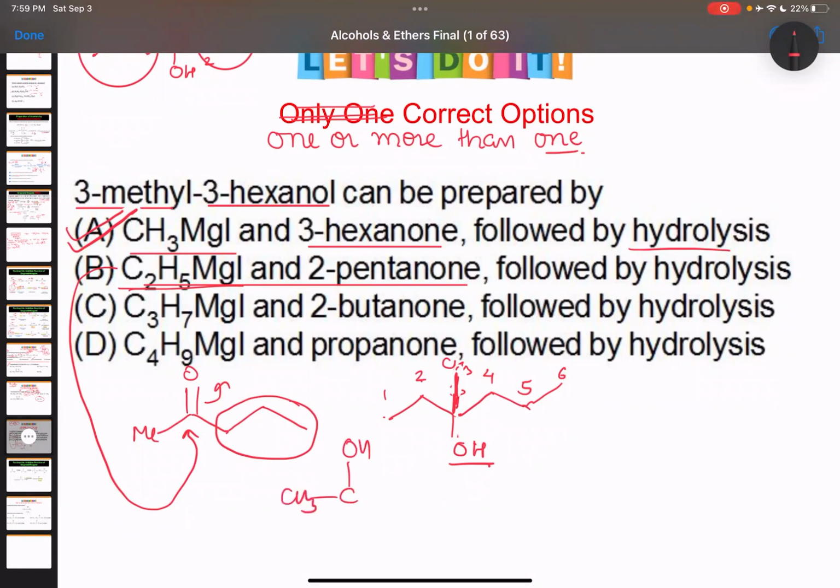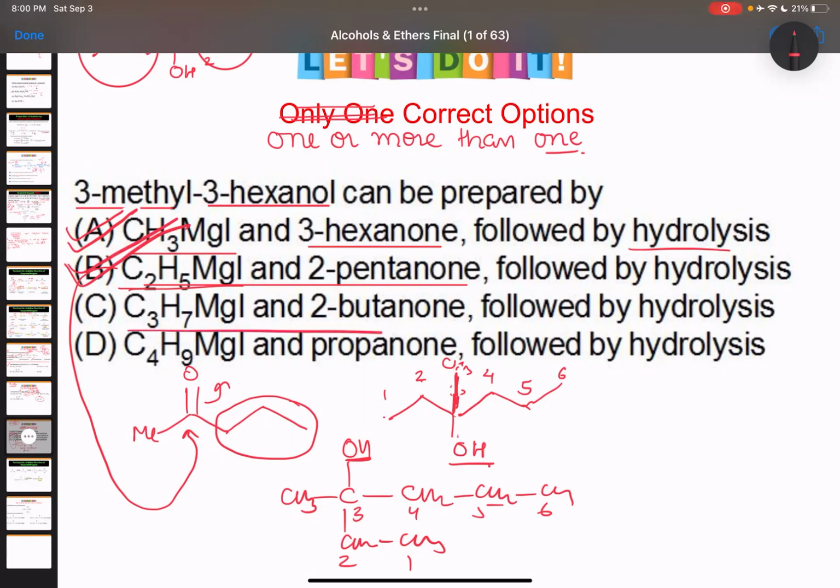So you will have one methyl which was already there, one propyl which was already there, and ethyl came in, with O minus and OH. Are we going to get the same thing? Let's name it 1, 2, 3, 4, 5, 6. So this is 3-methylhexan-3-ol. Yes, we can get the same thing.